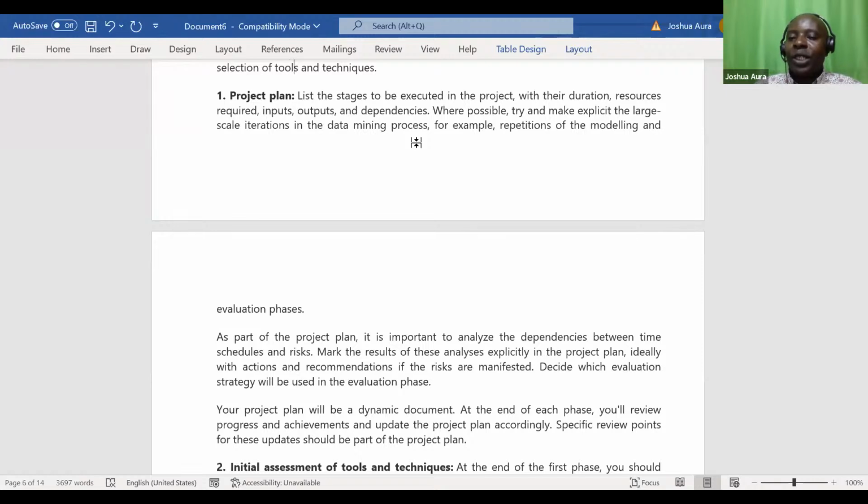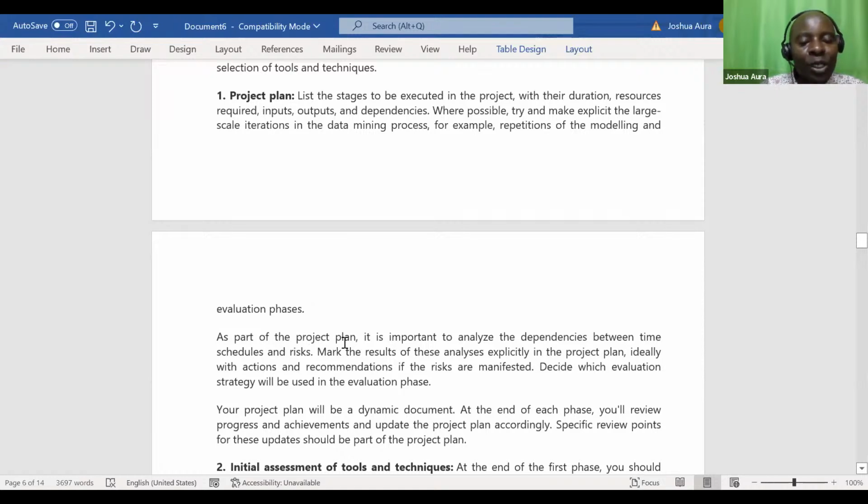Like in quantitative analysis, come up with the activities, give us their durations. If you would want to even draw a Gantt chart, resources required, inputs, outputs, and dependencies, where possible, try and make explicit large-scale iterations in the data mining process, for example, repetitions of the modeling and evaluation phase.